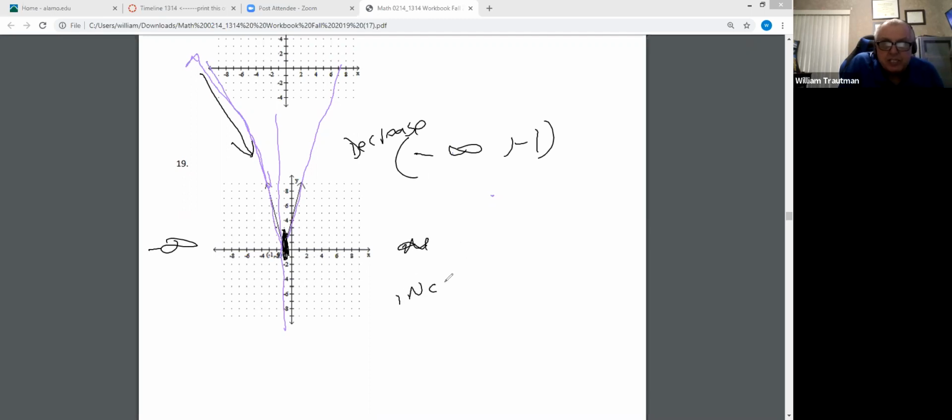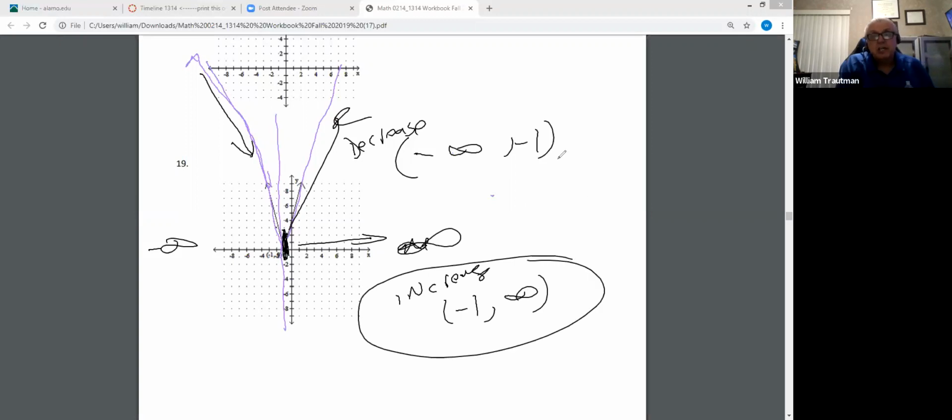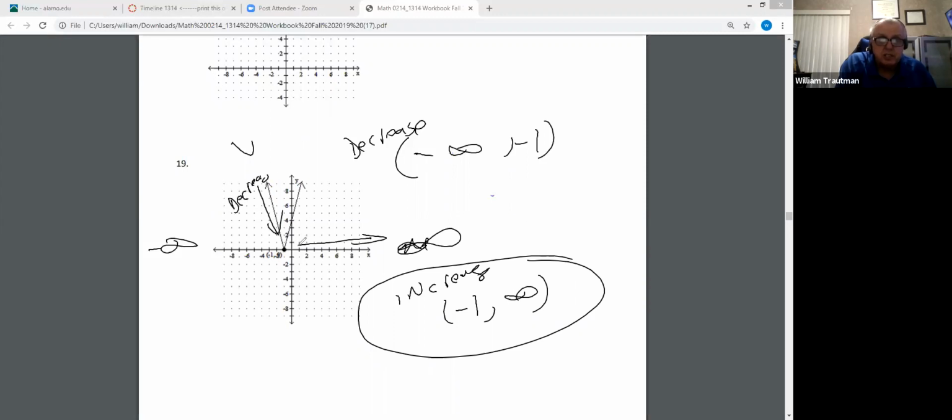And then it's increasing from -1 all the way to infinity. And there's no constant because there's no horizontal line there. It's just decreasing, then it's increasing. And -1 is the turning point for it.